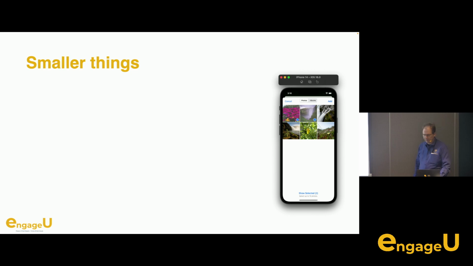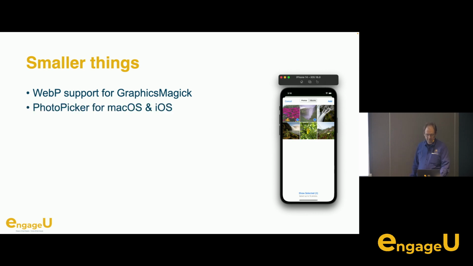Then we have a few smaller things which didn't get their own slides, like for example WebP support for graphics magic. So if you need to read a graphics picture file with WebP format, or you need to create one to upload to your website, you can do that with a plugin.